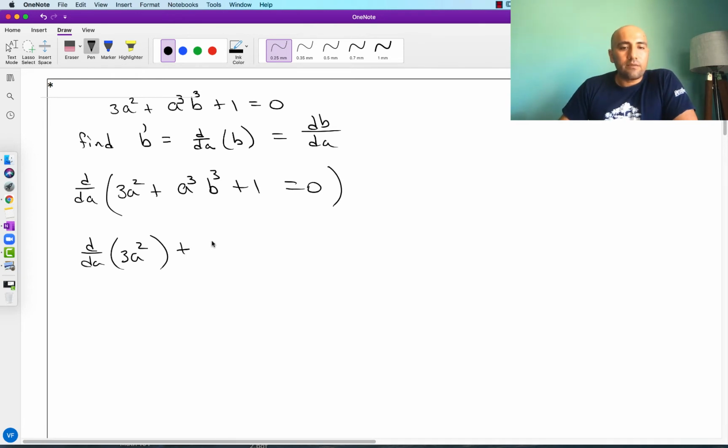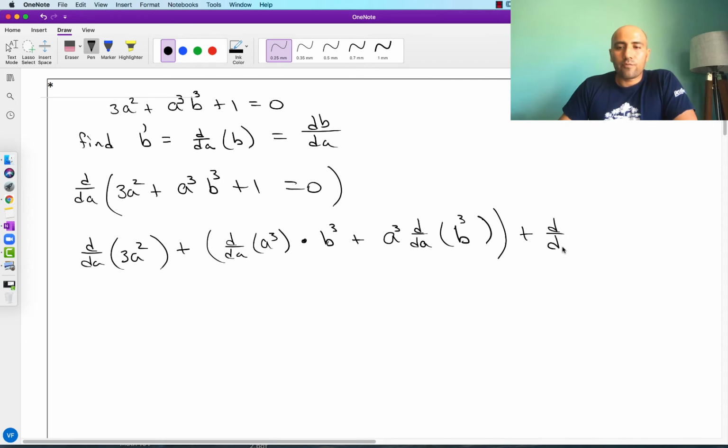So it's going to be the derivative with respect to a of the first one times b cubed, plus, now we leave the first one alone, and then the derivative with respect to a of the second one, b cubed. That's a little product rule.